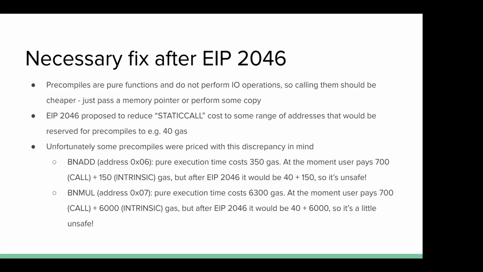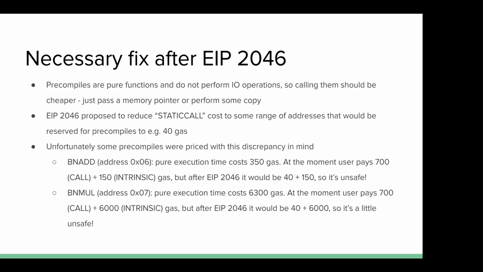Right now, performing the SHA-256 function would cost roughly 70 gas for actually performing the computations of the precompile itself, but it would cost 700 gas to actually perform the call to this precompile. So for the end user, it's a tenfold overhead.